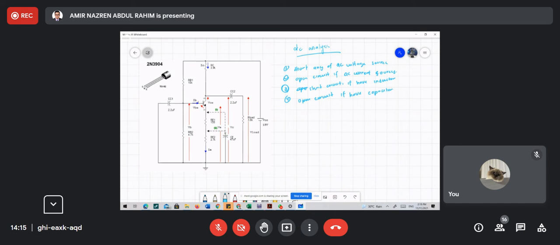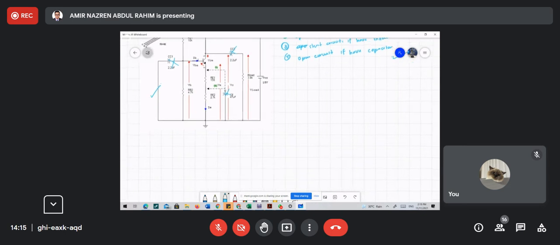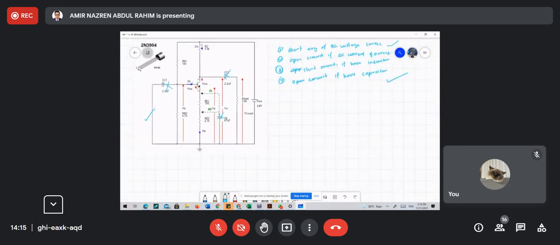So here we already shorted the AC source. Now we need to open circuit the capacitors, so we open here, open, open. So we get the circuit like this.